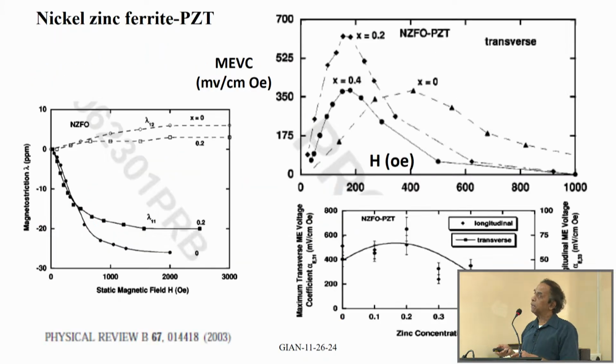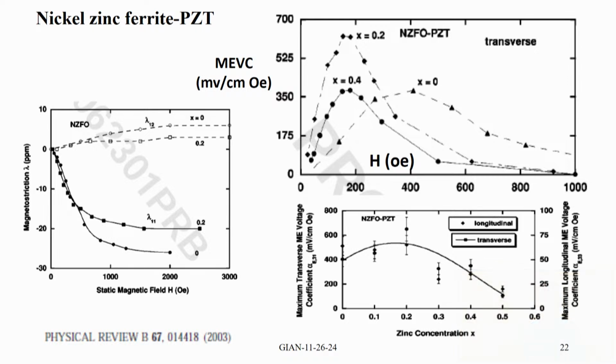So these are some of the data we got for bilayers of nickel zinc ferrite with PZT. Here I show the magnetostriction for pure nickel ferrite and with 20% zinc, and these are the voltage coefficient versus bias field for pure nickel ferrite, that is x equal to 0, with 20% zinc and then 40% zinc.